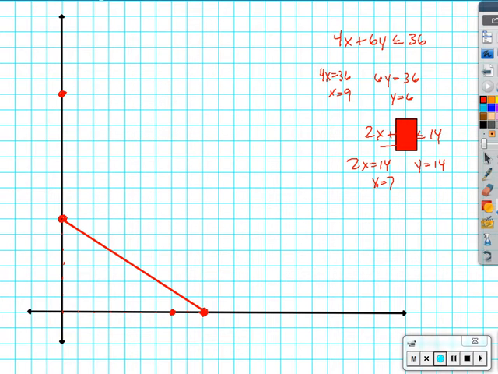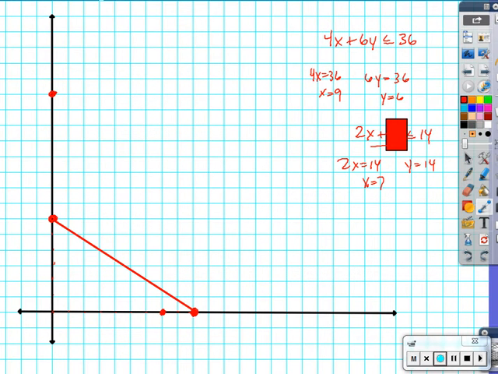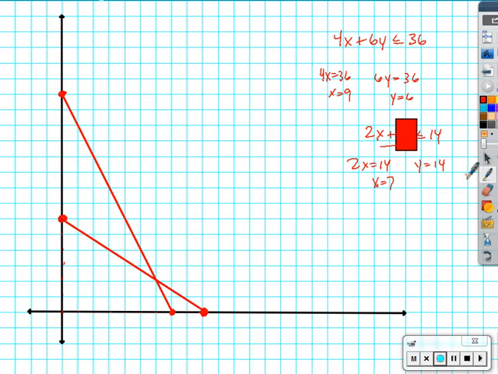I'm going to connect those dots. It's very imperative that you draw straight lines because we're going to be looking for intersection points.